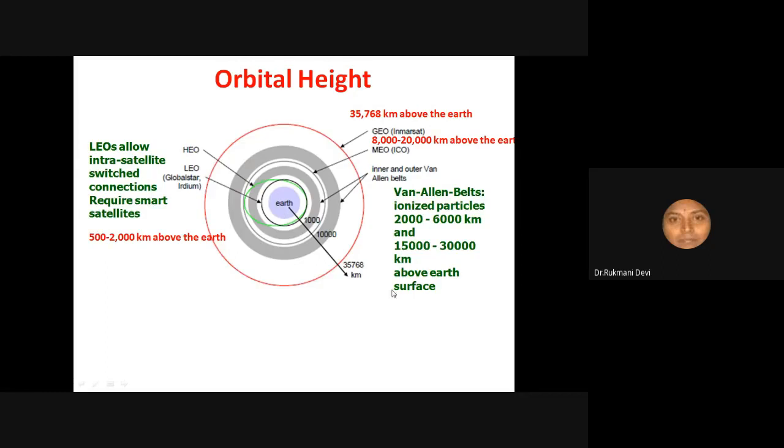The next one, geostationary Earth orbit, Inmarsat. The distance between Earth and GEO is 35,768 kilometers above the Earth. Then medium Earth orbit, the distance from the Earth is 8,000 to 20,000 kilometers.